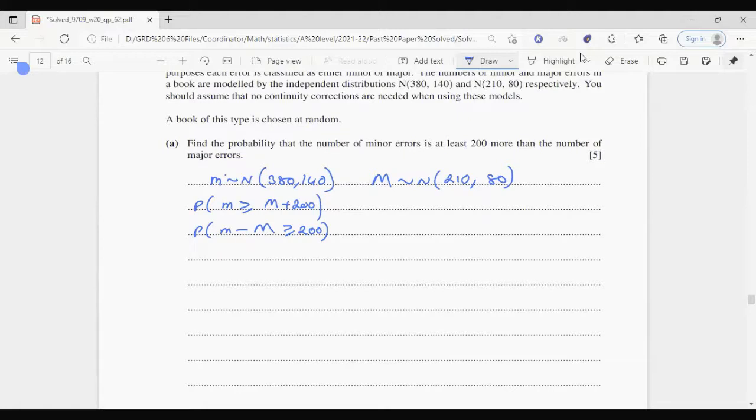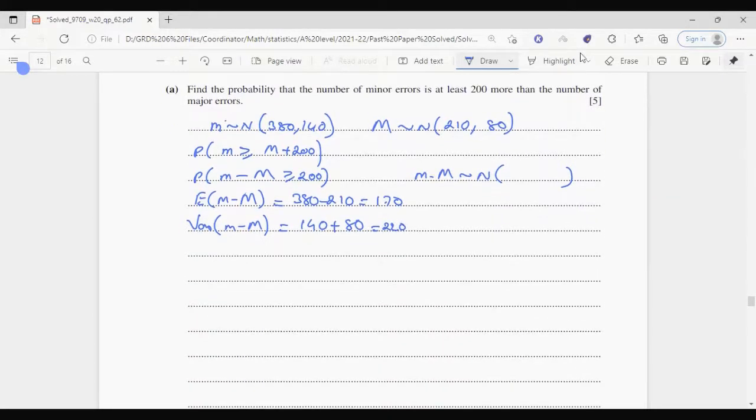Now I need to know the distribution of the difference, minor minus major, a normal distribution with its mean and variance. So the expectation of minor minus major is equal to 380 minus 210, which gives 170. Similarly, the variance will be 140 plus 80, because variances cannot be subtracted, which gives 220.